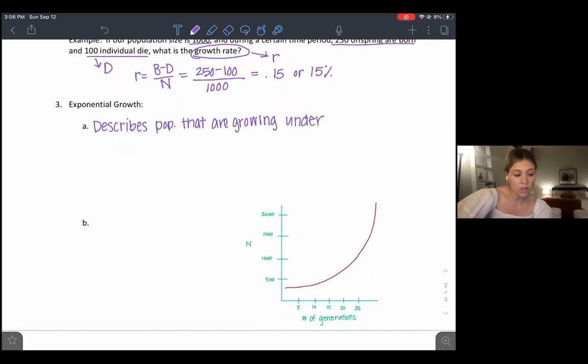And when I say ideal conditions, I'm meaning unlimited food, unlimited resources, unlimited reproduction. Okay, so they're growing under ideal conditions and increasing at a constant rate.